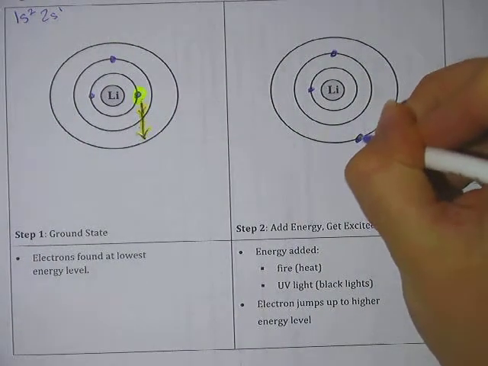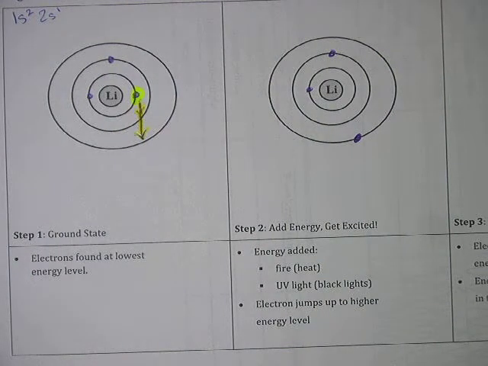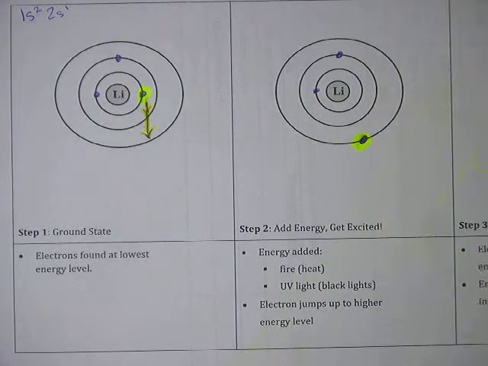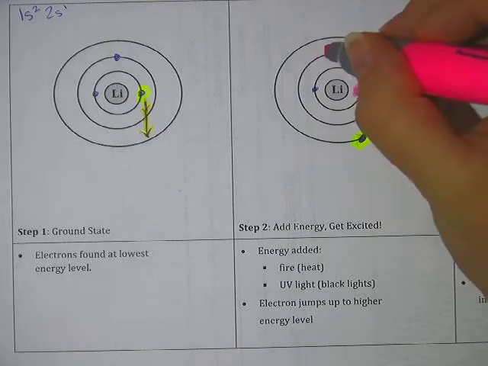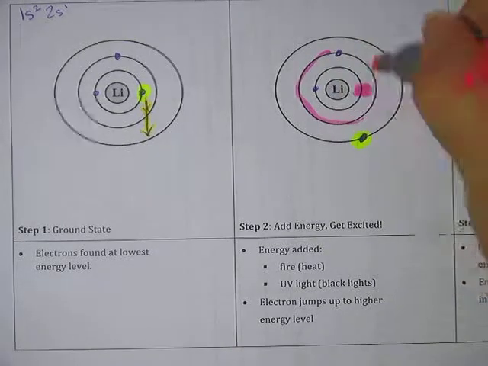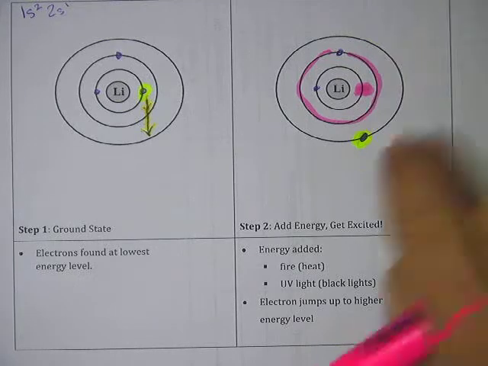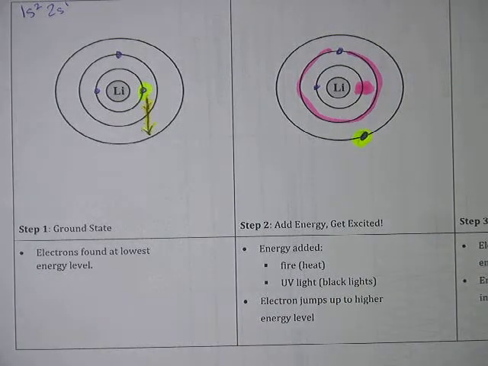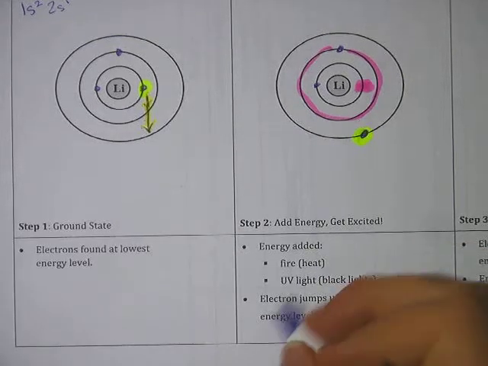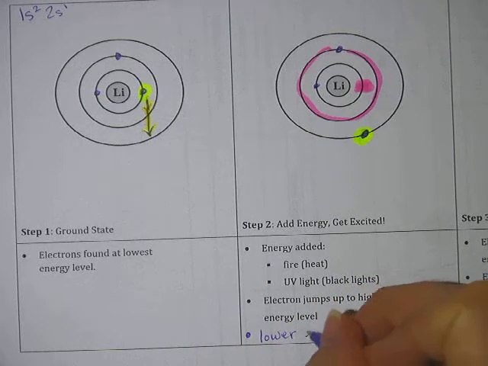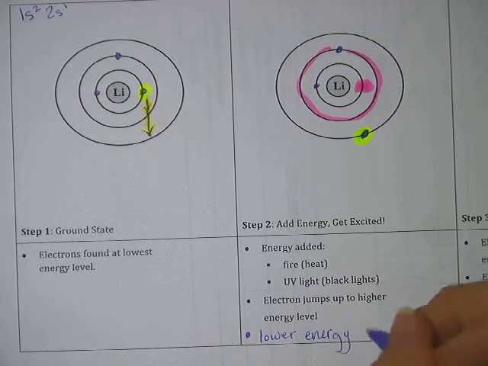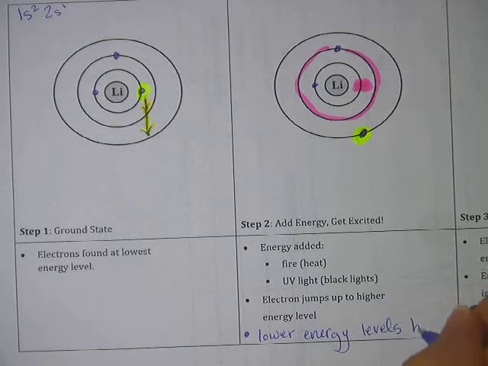So maybe it's jumped all the way here. It's got too high of energy, and you've got empty spots that aren't supposed to be empty. There's this empty spot here, and then there's a bunch of empty spots in the second shell. Both the 2s and the 2p are empty, and I've had this guy jump out to 3s1. So we have all this empty lower energy levels with empty orbitals.